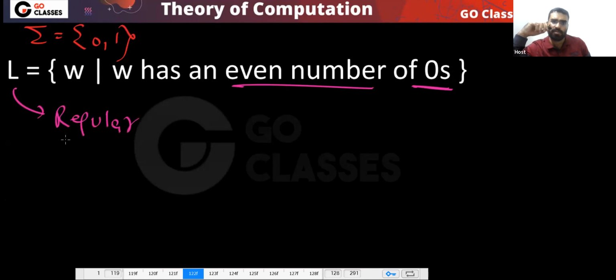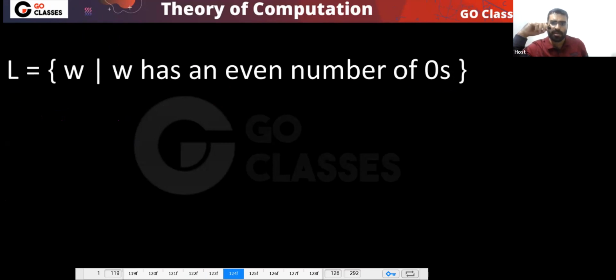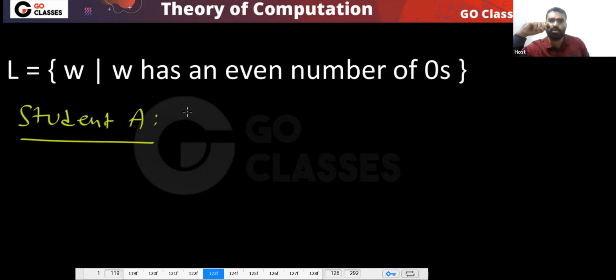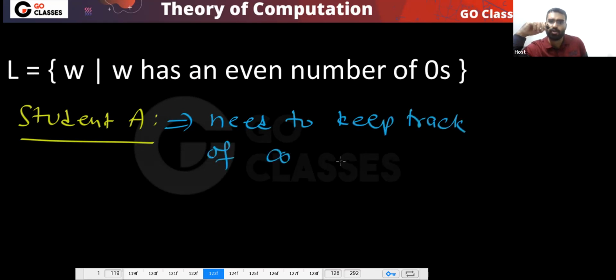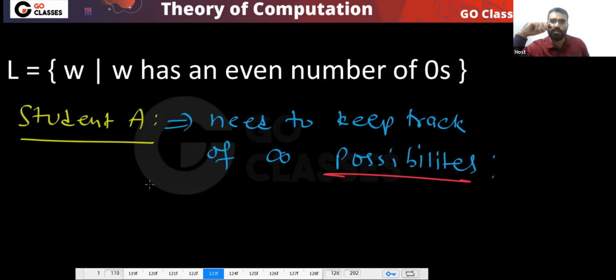This language is regular. Let's assume some student, student A, is saying: sir, I need to keep track of infinite possibilities. And you ask which infinite possibilities, then what will he say?